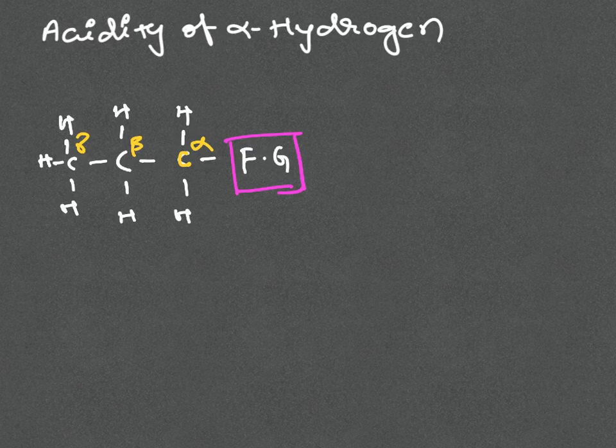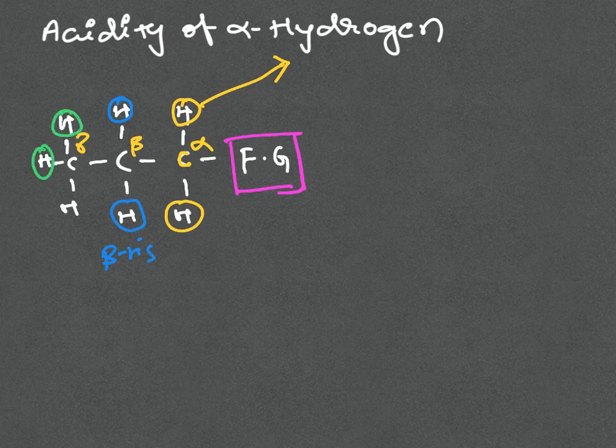And here the hydrogens which are present on alpha carbon, we call it as alpha hydrogen. The hydrogens which are present on beta carbon, we call it as beta hydrogens. The hydrogens which are present on gamma carbon, we call it as gamma hydrogens. I would like to take a few examples to explain alpha hydrogen.